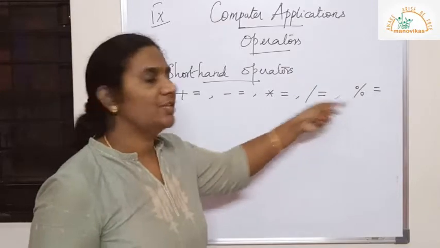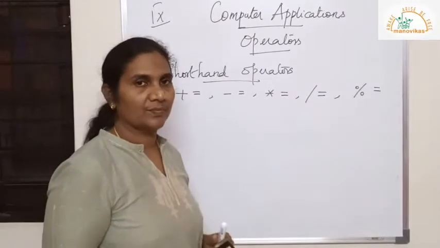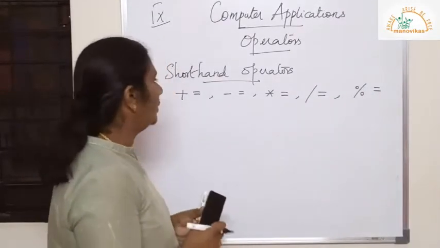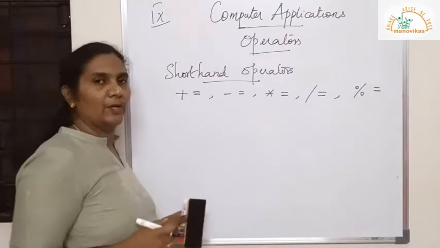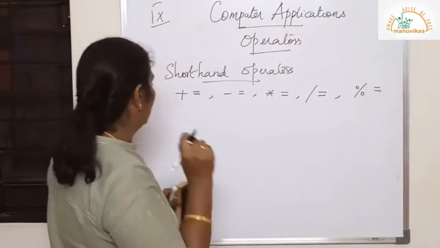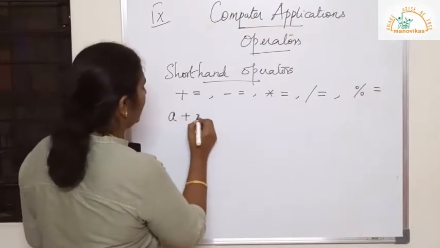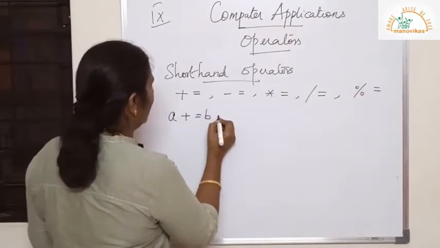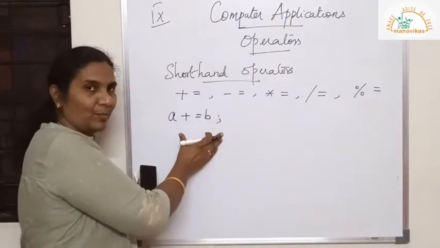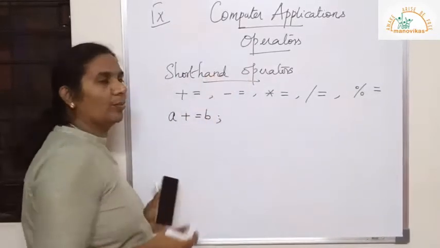These are the different shorthand operators. Okay, so now what does this plus equal to do? Suppose you write A plus equal to B. So now this is one example of shorthand operators.